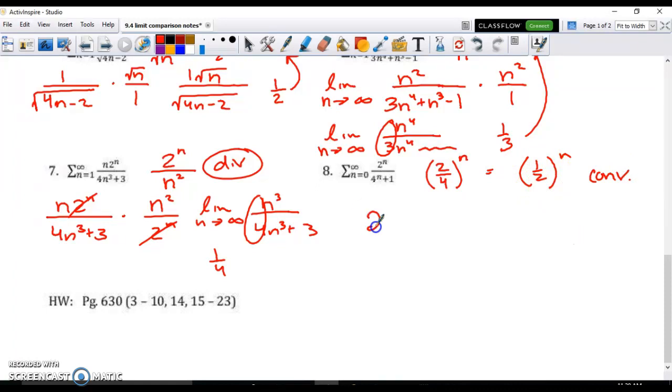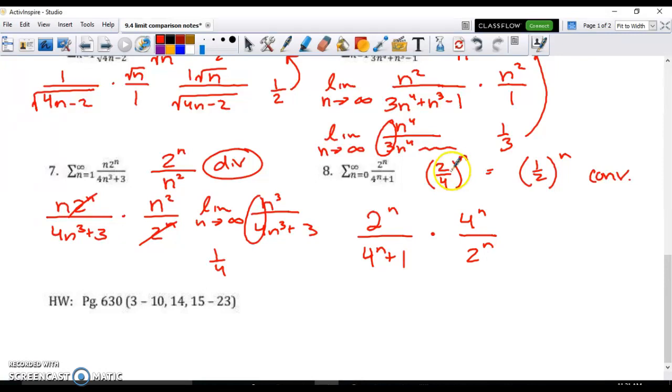So what we're going to do is take our original one, just like we have been, and multiply by the reciprocal of this. I'm going to use the original one just because I can see what's going to happen. It's going to make that cancel out. And really, honestly, you don't even have to do this simplifying part. You can, that 2/4 is less than 1. So I'm going to go back to the 4 to the nths over 2 to the nths.